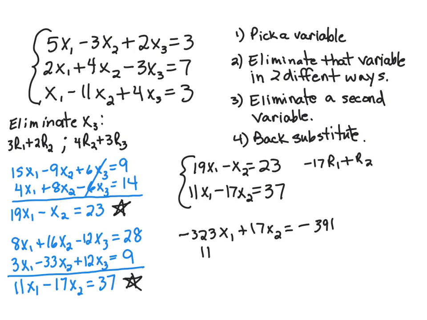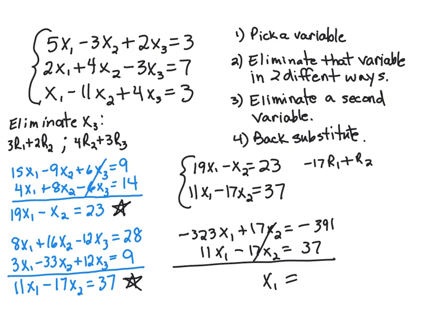Row 2 stays the same. Boy, I hope this works. 37. Let's check it. Those go away. I'm left with just x1s. I'm stalling now.